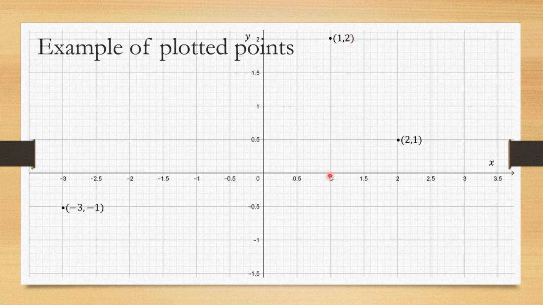Because we want to plot the point 1, 2. So we go up 1 unit, 2 units, and we're there. Again, we located 1 on the x-axis, and we went up 2 units to get to 1, 2.